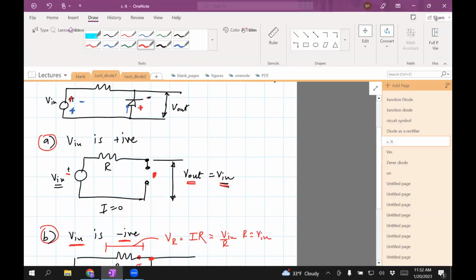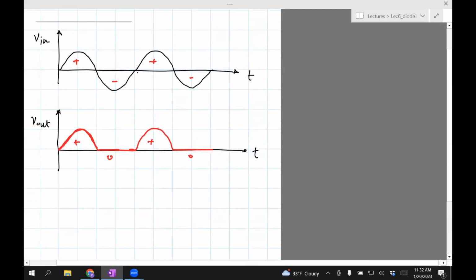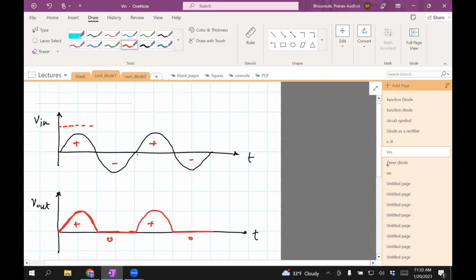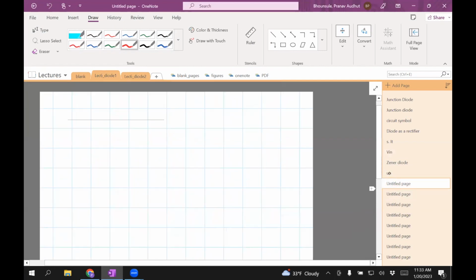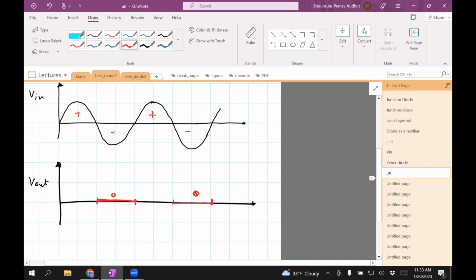So what we have here is positive, the same as V in, but this will happen only as long as VZ is greater than V in. The moment VZ is less than V in, we'll see clipping. So what we can do here is the following: clips, goes here, clips.